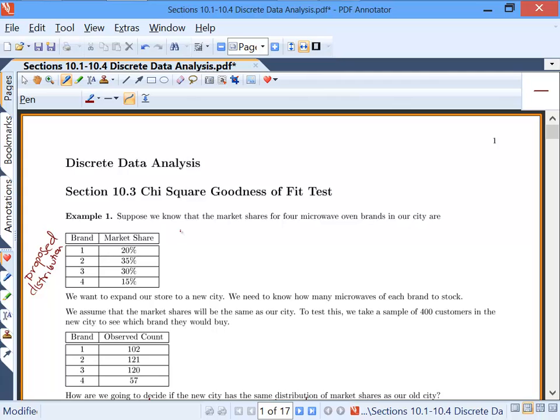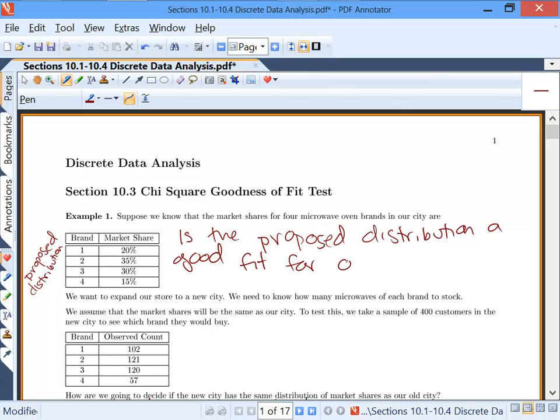And so we're asking the question, is the proposed distribution a good fit for our data in the new city?